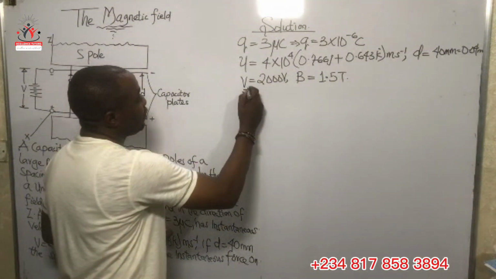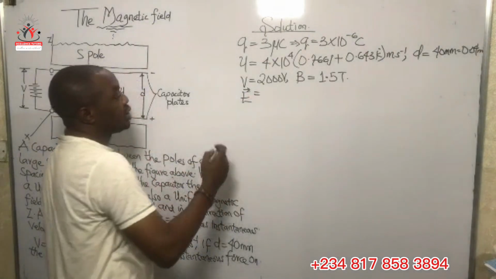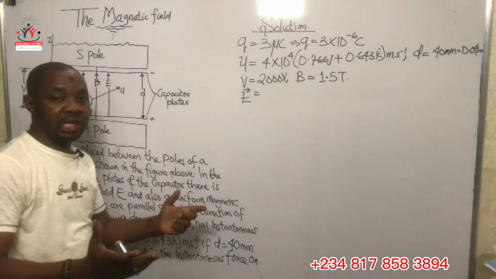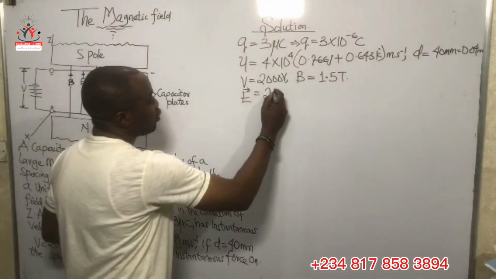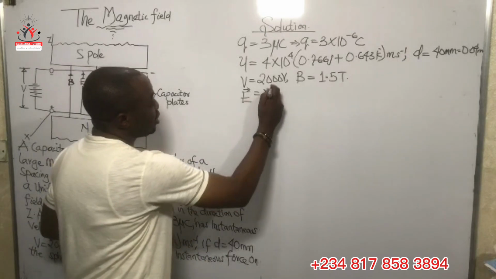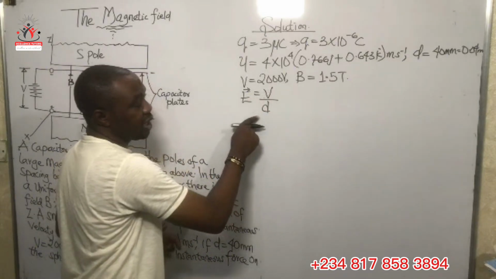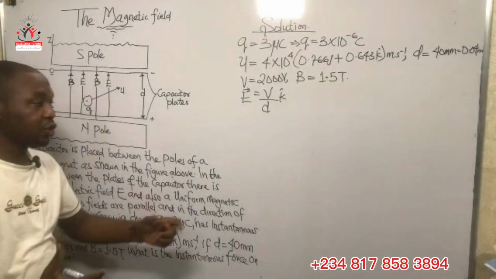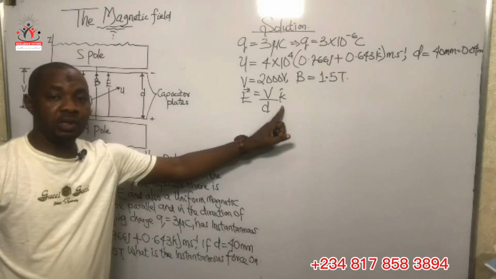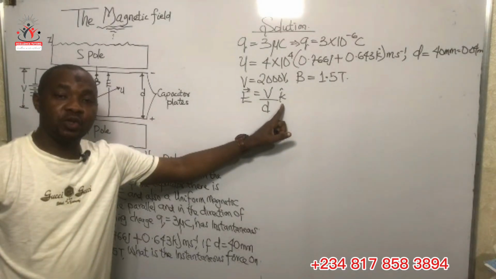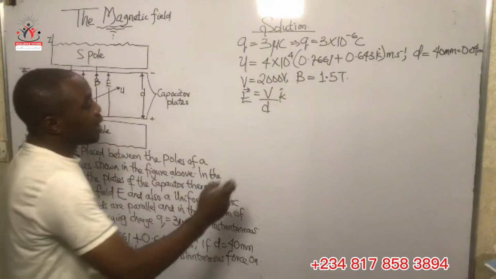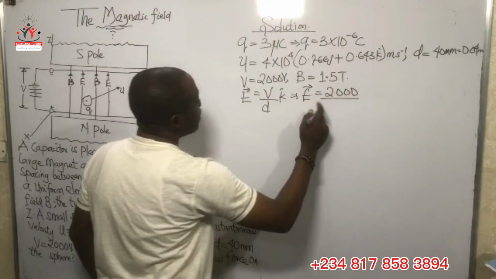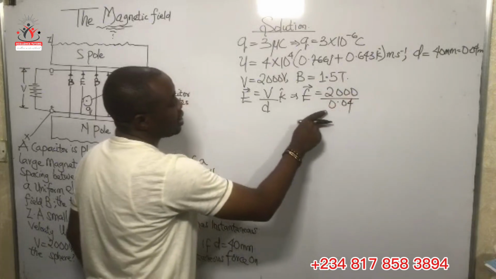Now, we know that electric field can be measured in terms of potential gradient, and it is the ratio of the field potential to the distance between the plates of the capacitor. So we have 2000, the field potential, over the distance between the plates of the capacitor. Because the direction is in the Z direction, the unit vector is K. So this will be 2000 divided by 0.04, which is the distance between the plates.